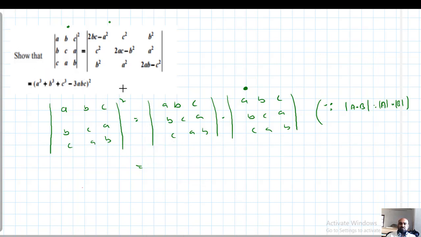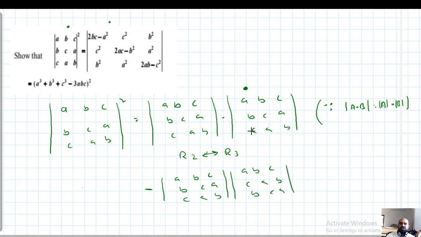I want to interchange R2 and R3. Automatically it will produce one minus, because while interchanging a row or column, the resulting determinant is minus times the original. That's why I will write here 1 minus. Here I will write 1 minus, A, B, C, B, C, A, C, A, B into A, B, C, C, A, B and B, C, A. Just I interchanged these two.